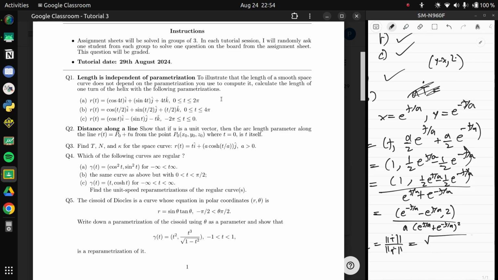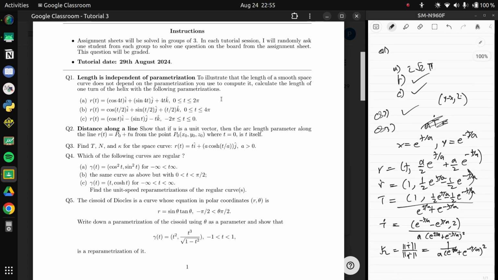So it's just a square minus 2, that plus 4, that cancels, so it's plus 2. Oh, so what's the square root of that? Sure, it's just e power minus t by a plus e power t by a. Amazing. That cancels with that, so kappa is just this stuff. It's 1 upon a, e power t by a plus e power negative t by a, squared. Yeah, that's how it is.